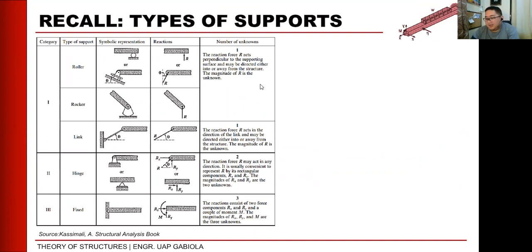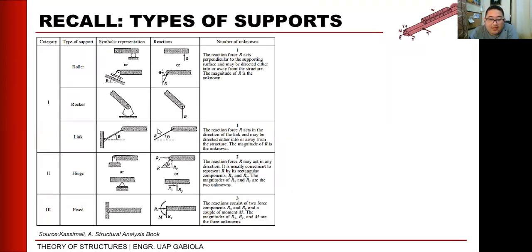So na-identify natin last week na kapag roller and then nakapataw siya sa isang surface, merong naka-perpendicular na resistance o na force directed towards nung mismong structure natin, anong member natin. Also with rocker, kung saan siya nakapatong na surface, nandun din yung reaction niya.